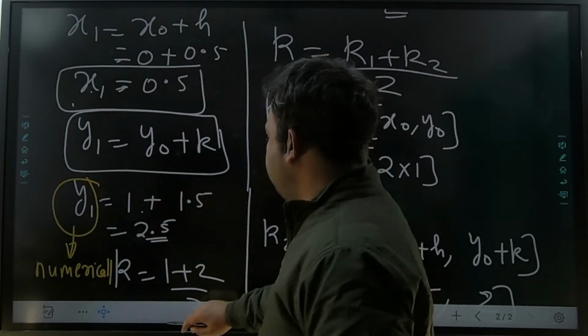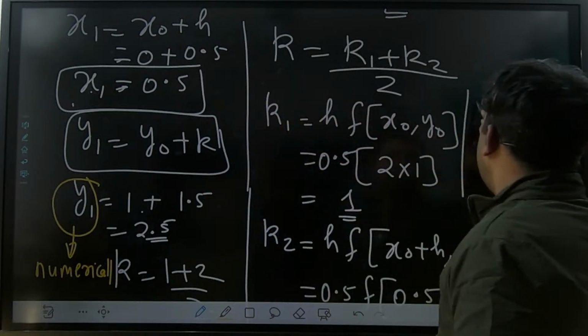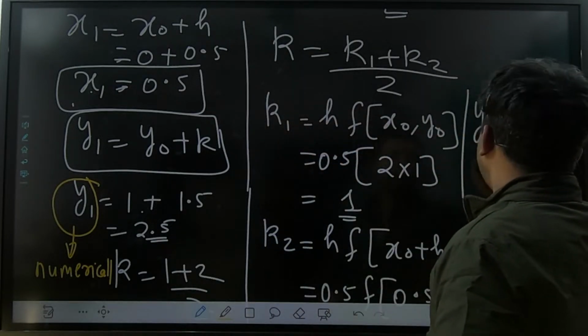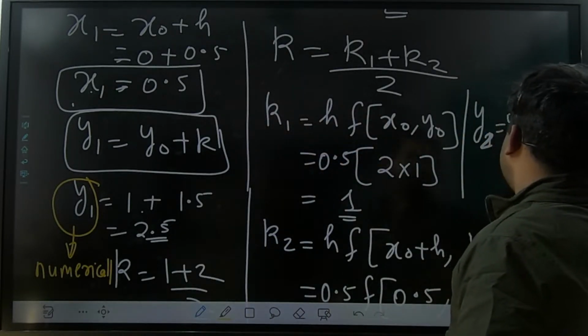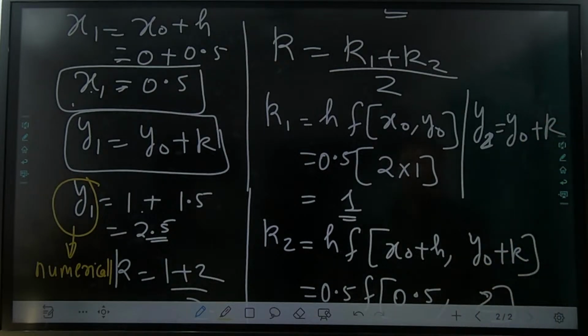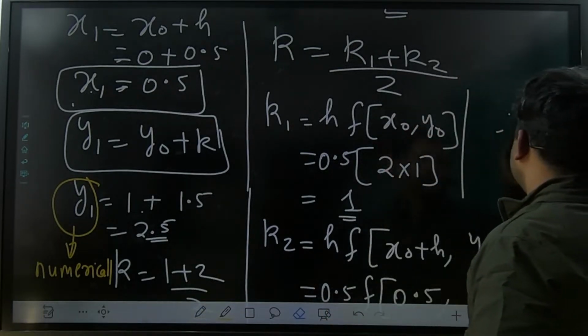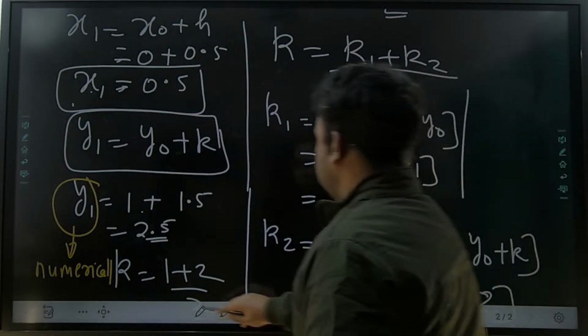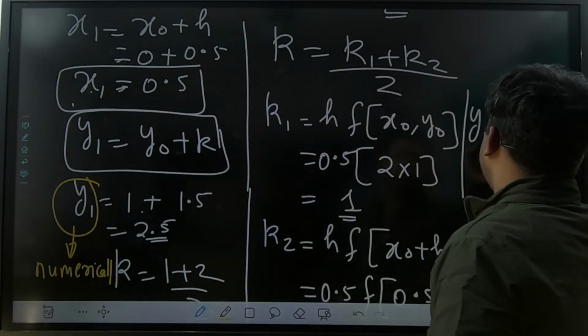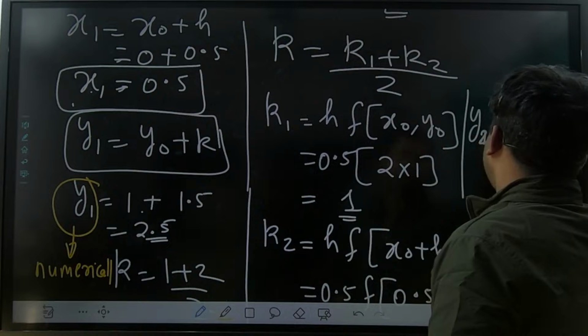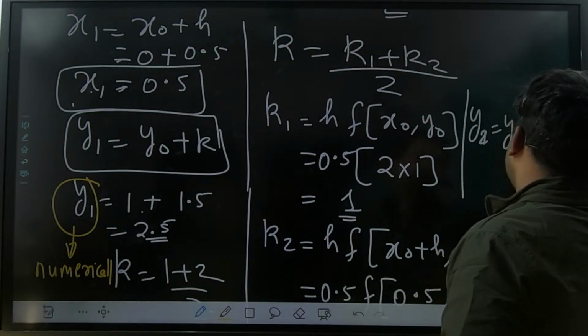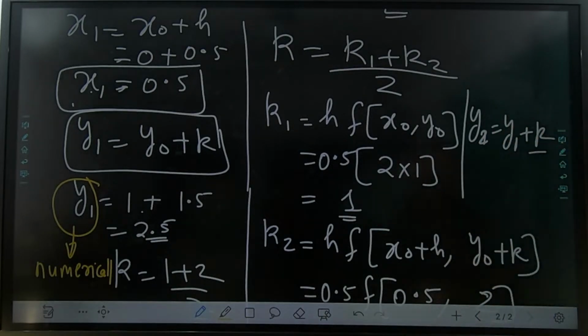So Y2 is equal to Y1 plus K, the next iteration. Y1 we have calculated from this, right?